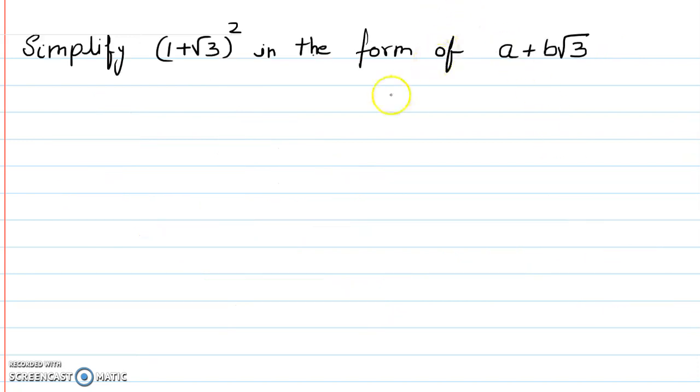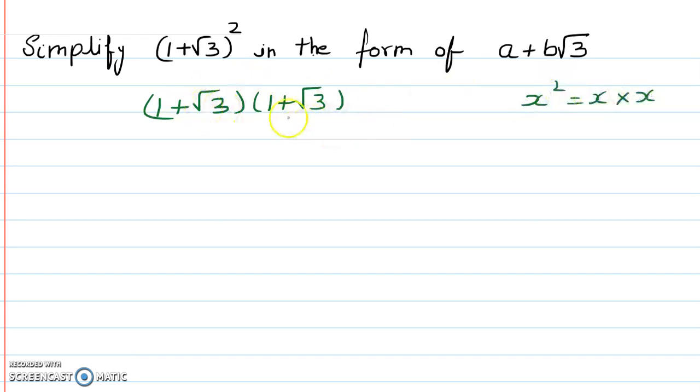Similarly, we can go for another question. Here you need to write it in this form. So 1 plus root 3 squared, you can write down as 1 plus root 3 and 1 plus root 3. The question comes, why? Because x squared you can write as x times x. So 1 plus root 3 squared you can write as 1 plus root 3 times 1 plus root 3.